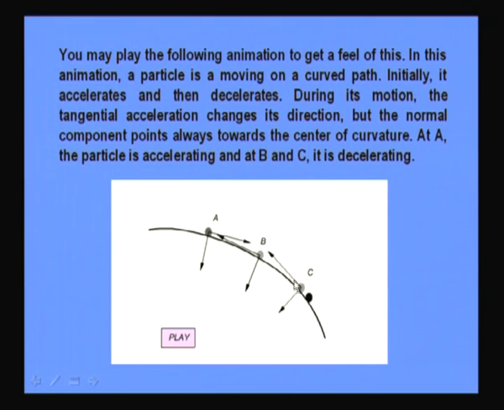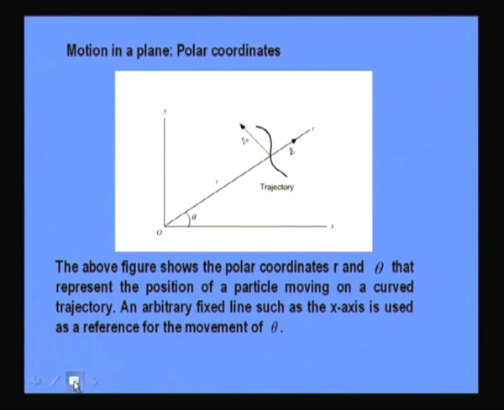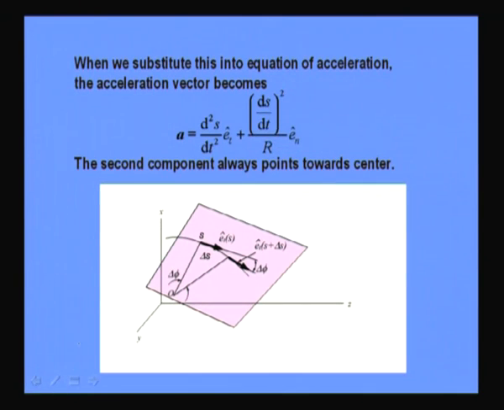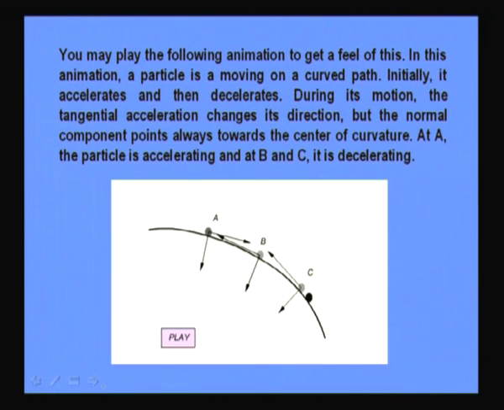However, the tangential component is along the opposite direction. Now, this expression is very important, that is A is equal to d square s by dt square Et plus (ds by dt) square by r into En. We will be making use of this expression quite often.